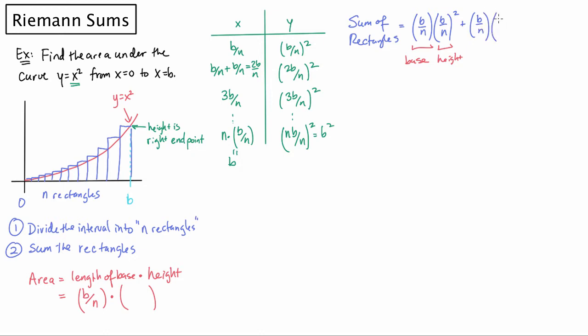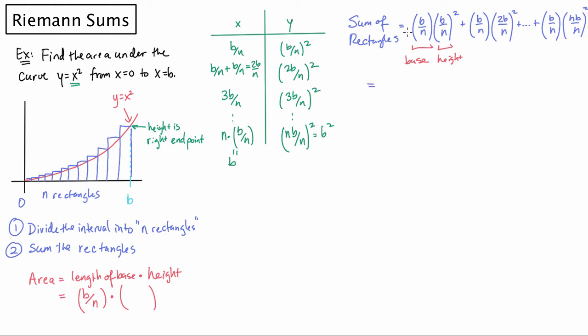The height is now changed for the second rectangle, and this would keep going all the way until we got to the last rectangle with height b over n, and we've already seen that it has nb over n squared total height. So that's the sum of the rectangles.